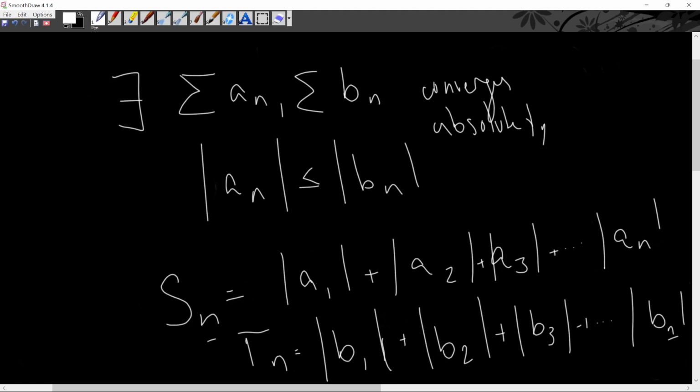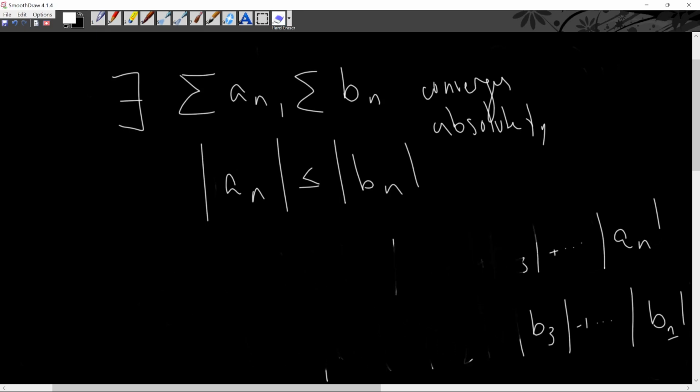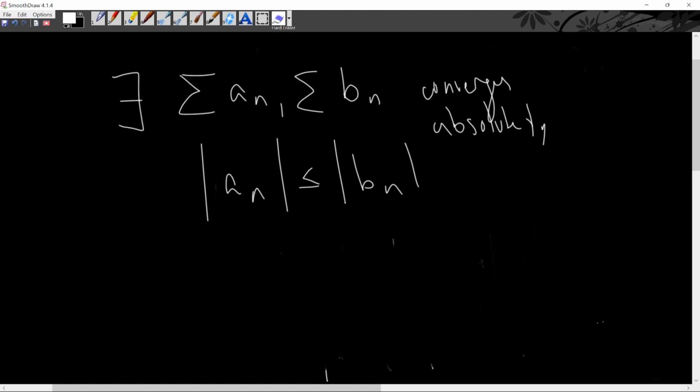So yeah, since B sub n converges absolutely, I'm going to erase this, but you can just sort of think S sub n is the sequence of partial sums up to A sub n, like the nth term, and T sub n is the sequence of partial sums up to B sub n.